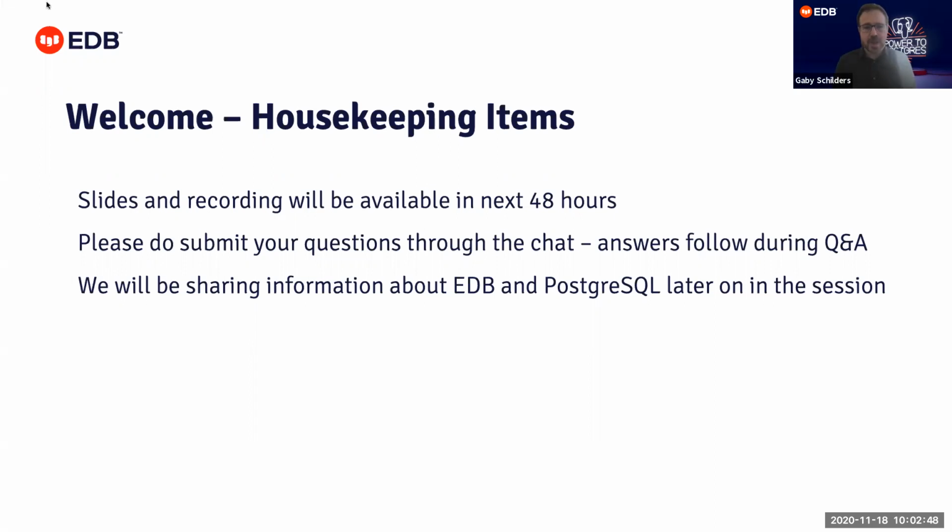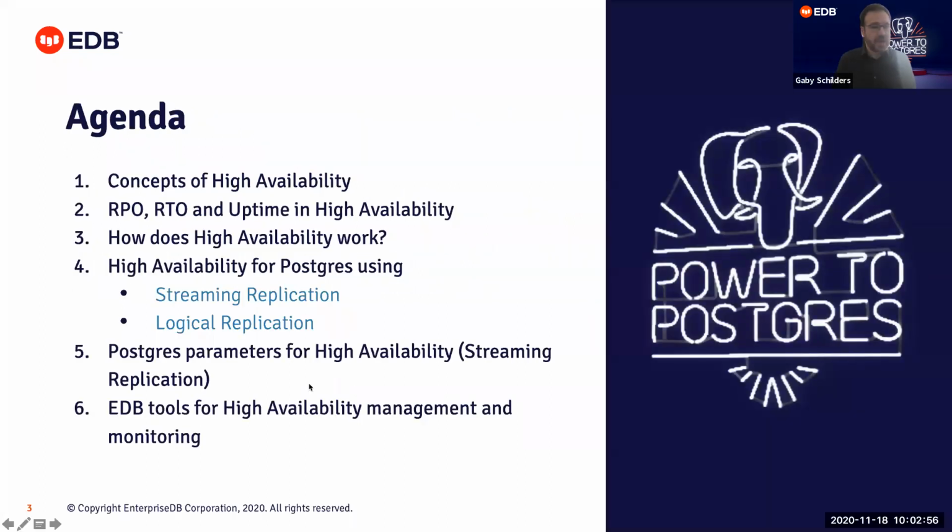So, on the topic of today, what we're going to discuss is HA, high availability. And what we're going to talk about is what it really means to be highly available, what the measurement criteria are for high availability, how it works, at least for databases, how you can achieve high availability with Postgres and our EDB tools.